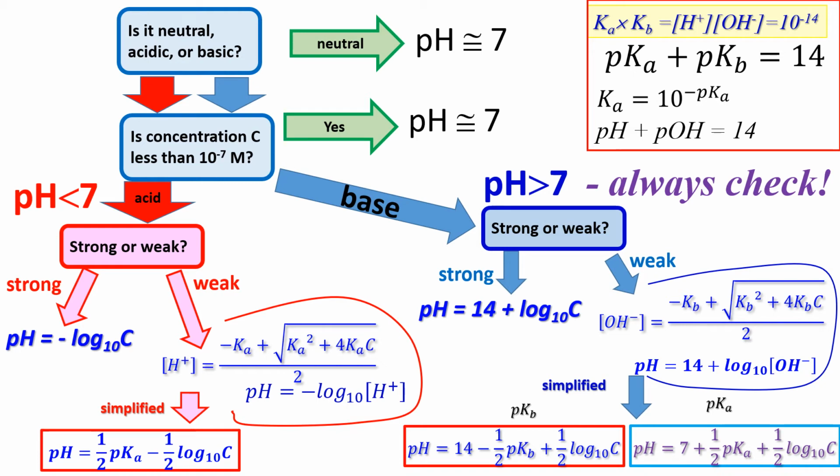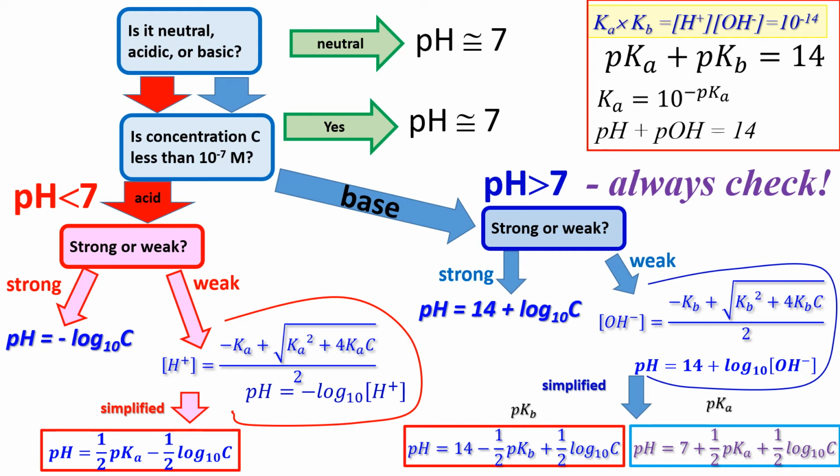It should be less than 7. If a larger number comes from very small concentrations, very close to 10 to the negative 7, it may be better to just put 7 as your answer. Again, your answer can never be above 7. If you add acid, your solution is acidic.